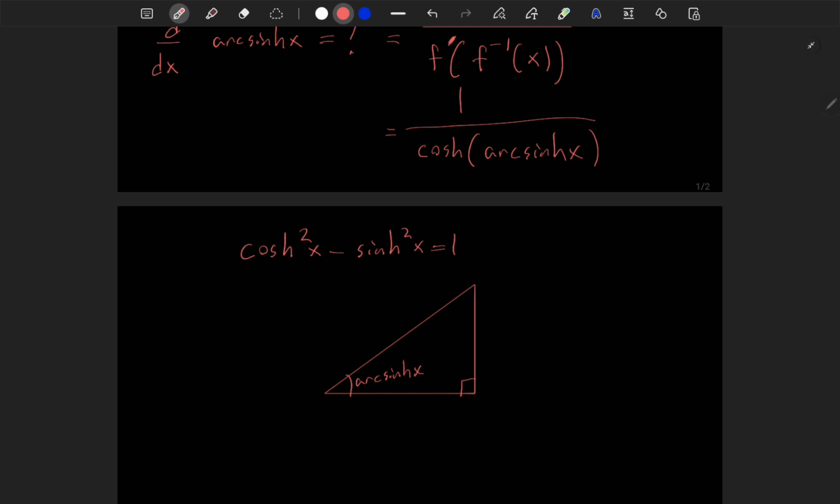We want to find what is cosh of that. Well, for arc sinh x, I'm going to naively throw an x there and a 1 there, so that sinh of theta equals x over 1 equals x.